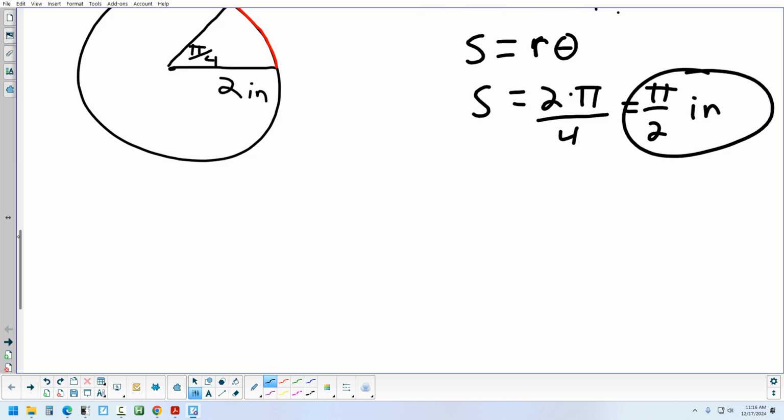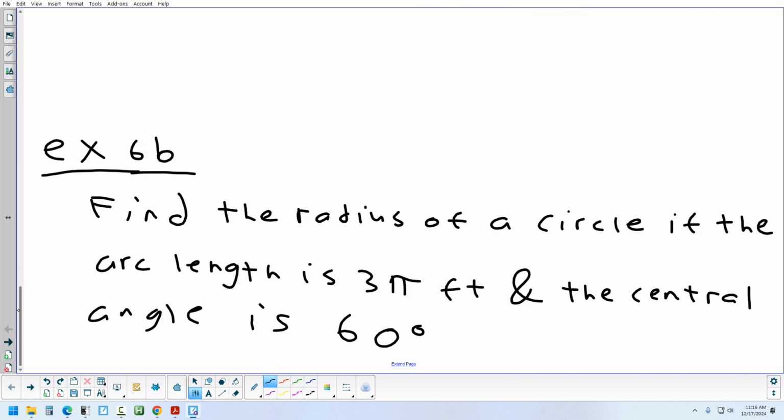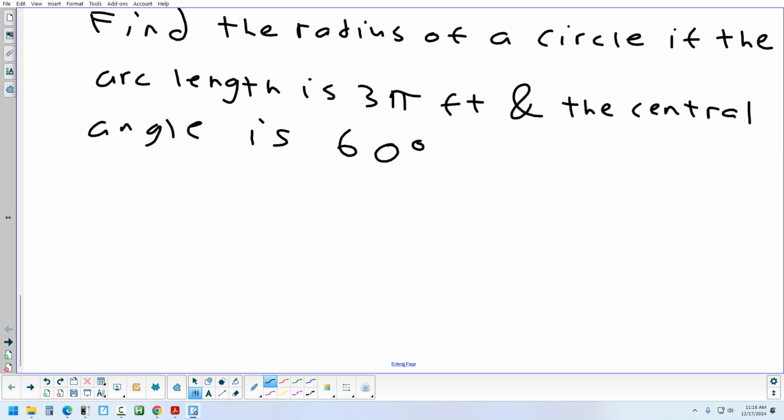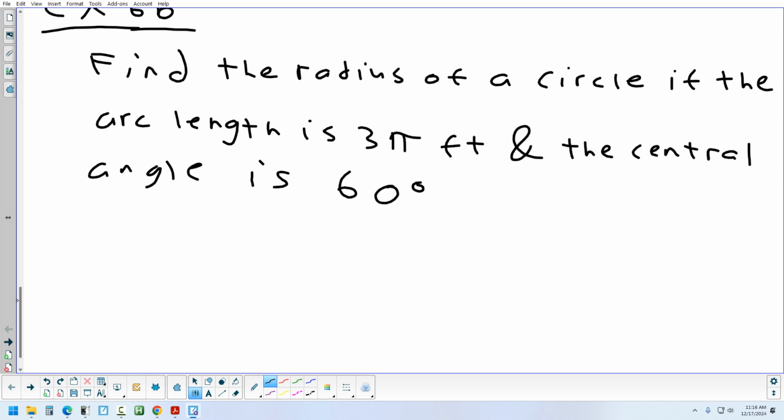Let's try another one. This time it says find the radius of the circle. So you're finding something different. The arc length is 3 pi feet. And the angle is 60 degrees. So first, what's the formula that would have a spot for all of those things?